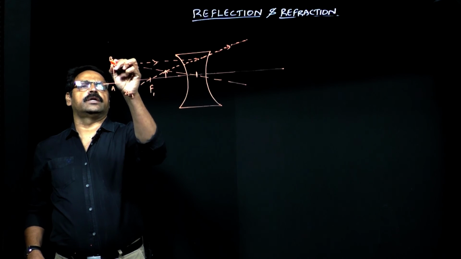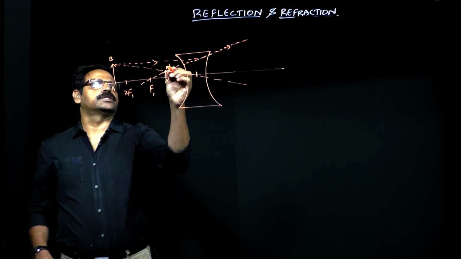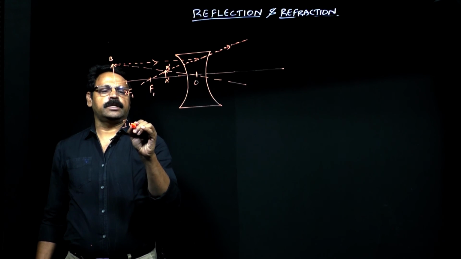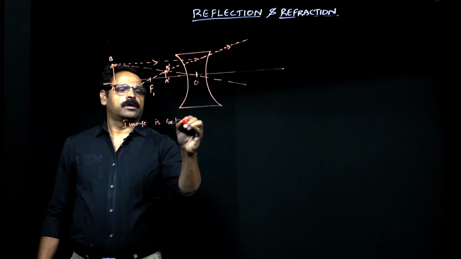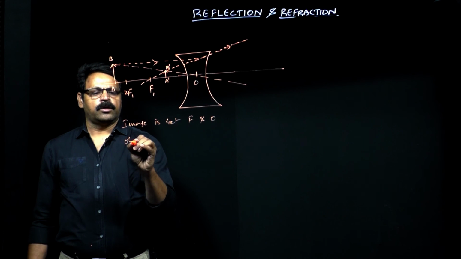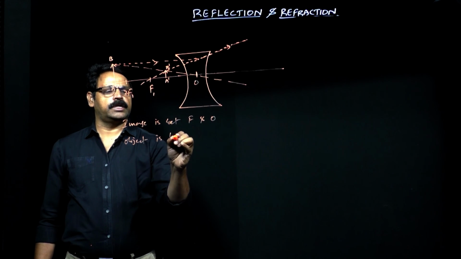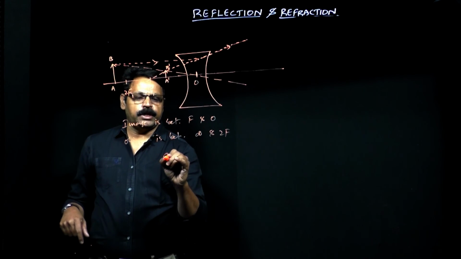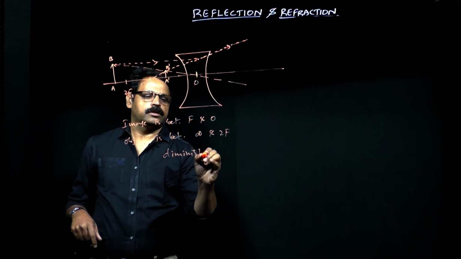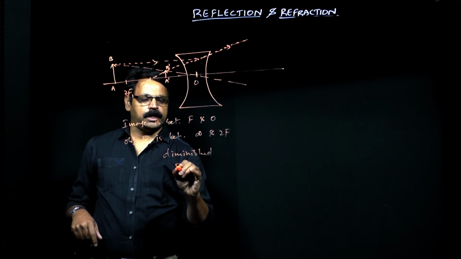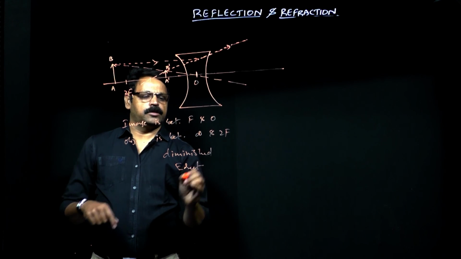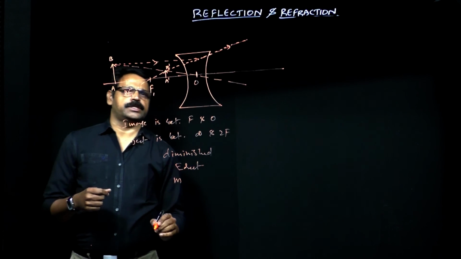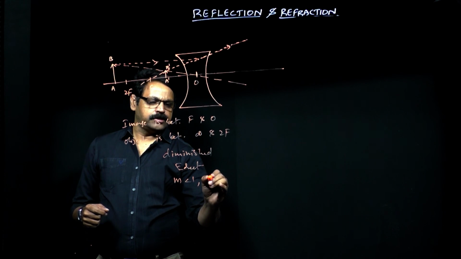Therefore, AB becomes A dash B dash, and the position is between F1 and O. So the image is between F and O when the object is between infinity and 2F, and here again it is diminished, erect, and magnification is less than 1, positive.